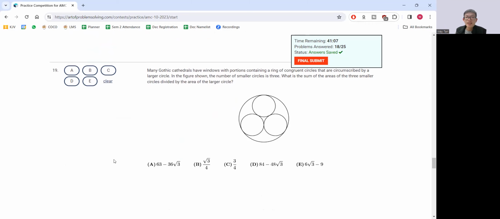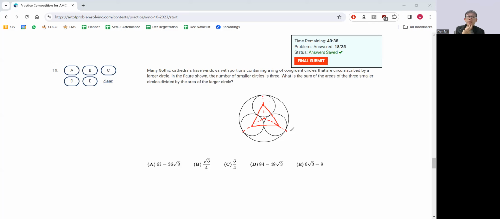Okay, question 19. This also looks like a very familiar question. And basically what I want to do is just to get some ratios. So I will draw this.